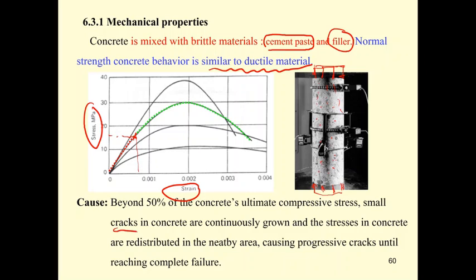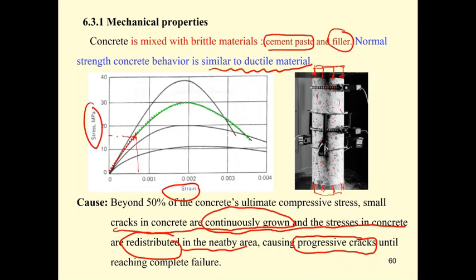The small cracks in the concrete will continue to grow, and the stress in the concrete will be redistributed into the nearby area. So you have the crack, but you have your neighbor taking care of that crack, getting the stress distribution. So the cracks in the concrete will be in the form of progressive cracks, and that form of progressive cracking will give this kind of curve, not a sudden crack curve like this.